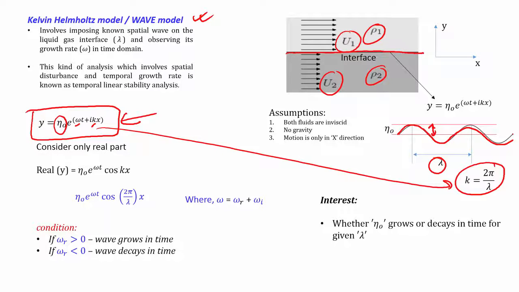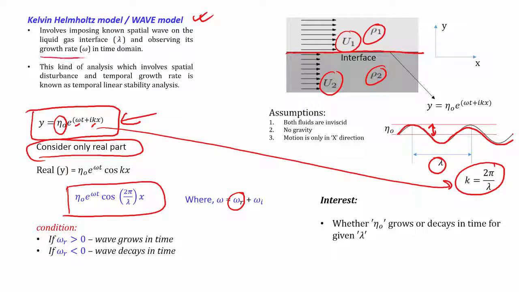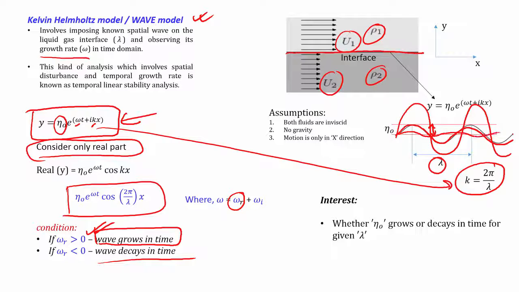Now, we consider only the real part of this. The real part of this omega is nothing but the growth rate of these perturbations. If this omega is greater than 0, this waviness on the surface grows with time, it will grow like this. If however, this is less than 0, this will attenuate with time.